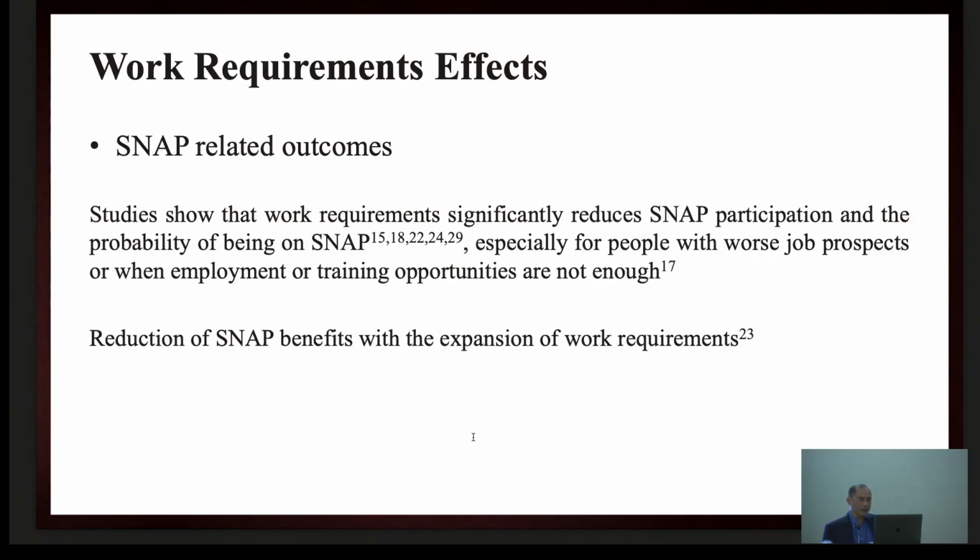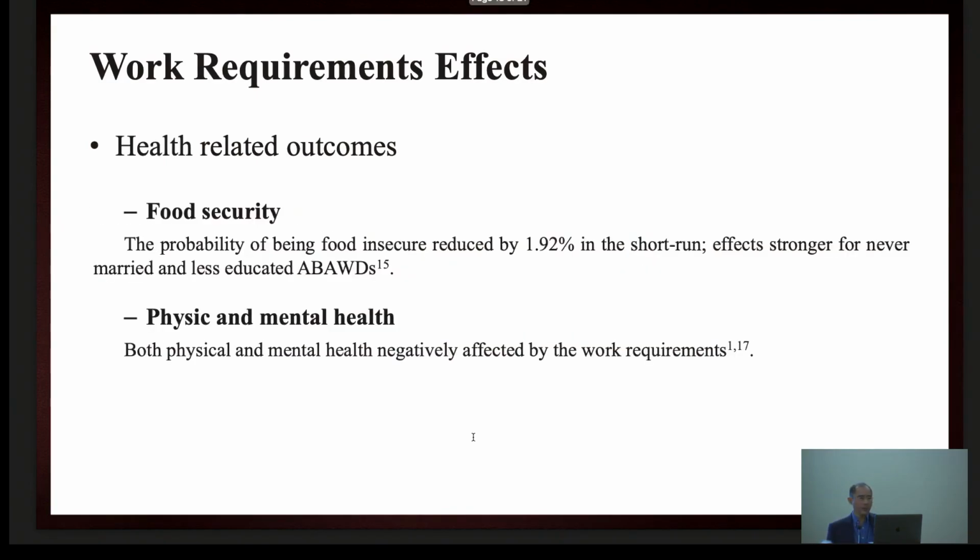So for SNAP-related outcomes, studies show that work requirements can significantly reduce SNAP participation and the probability of being on SNAP, okay? There's one or two studies that have also examined association. I think this wasn't a causal inference study on food security and also on physical and mental health.